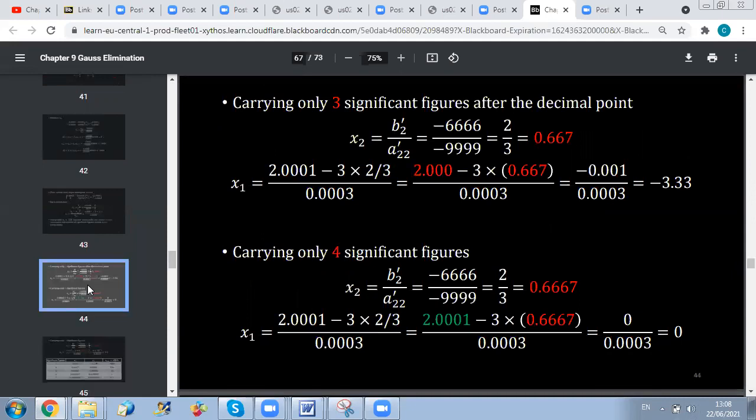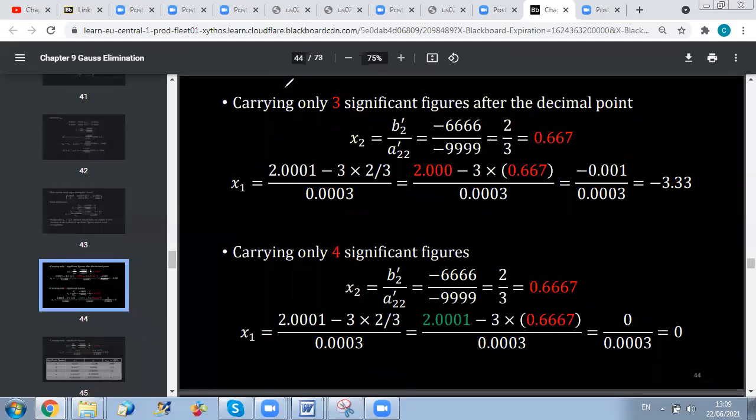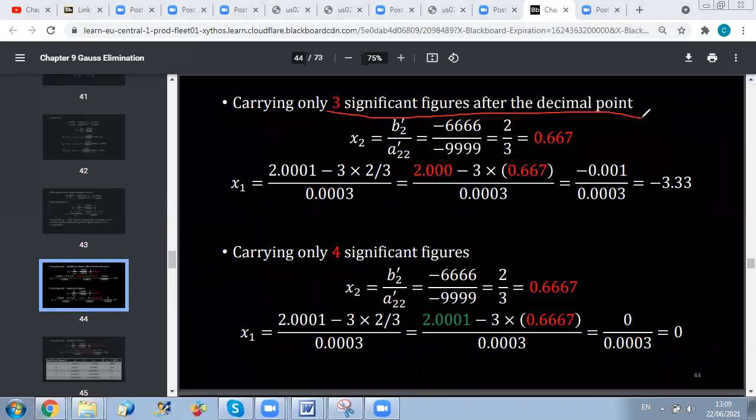Here, with 3 significant figures, we took 0.0003 because there are zeros, but shouldn't it be counted differently? Note that here they did not say 3 significant digits, they are talking about figures after the decimal point. They specified that this computer can carry this number of figures after the decimal point.